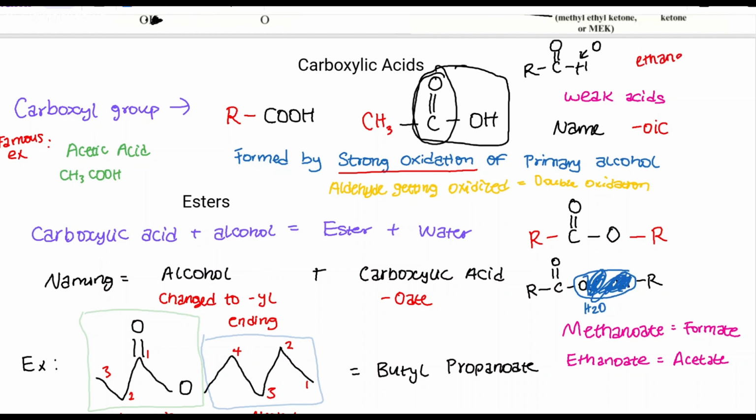Instead of leaving it ethane, we change the E. For carboxylic acid, we add the root words -oic and then acid, so it'll be ethanoic acid. And I'm pretty sure this also has a common name of acetic acid, which we used all the time in labs. But I'm pretty sure on a test you can write ethanoic acid and get the points for it.